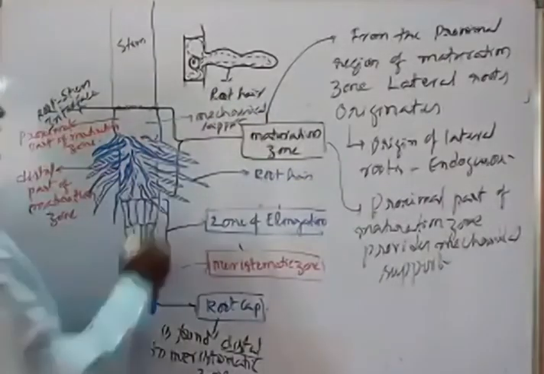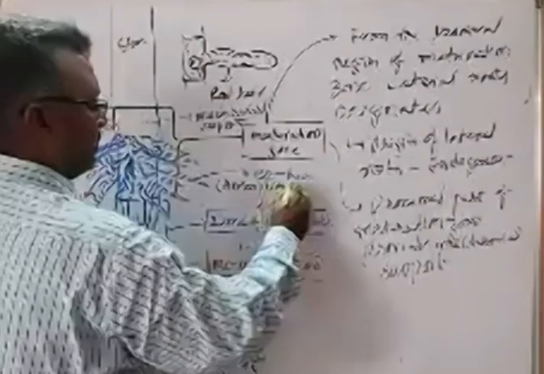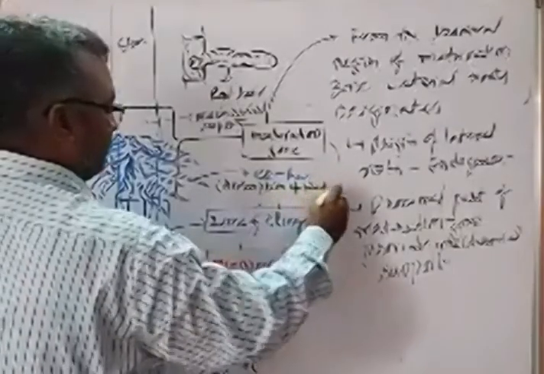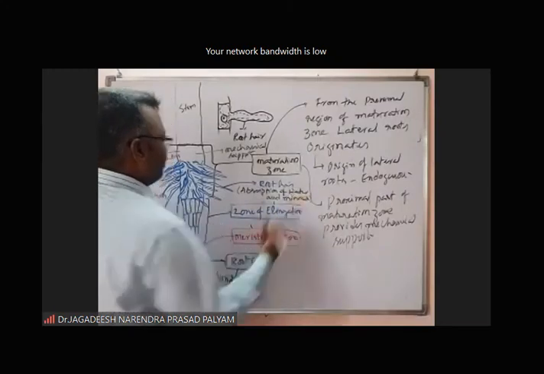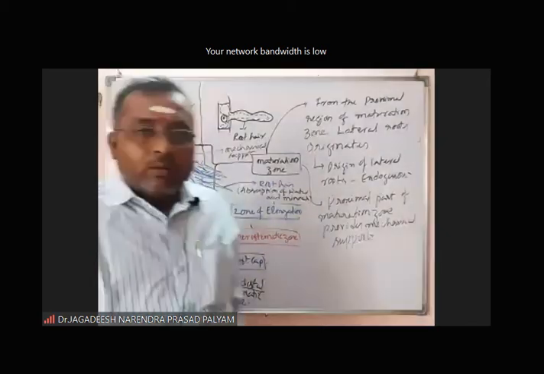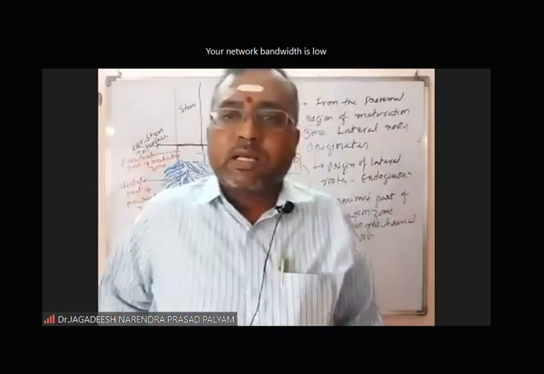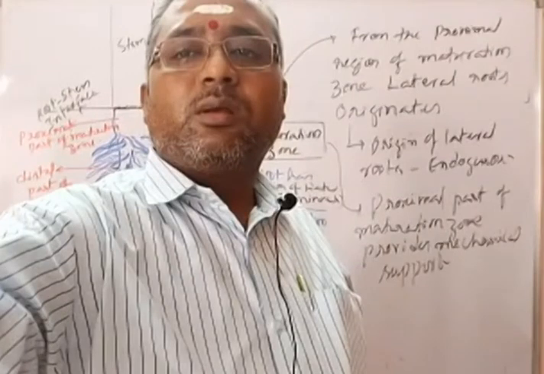This part is for absorption of water and minerals. Because the root hairs are very thin and short-lived, that's why they are not meant for mechanical support.